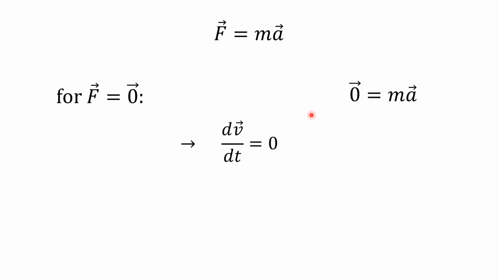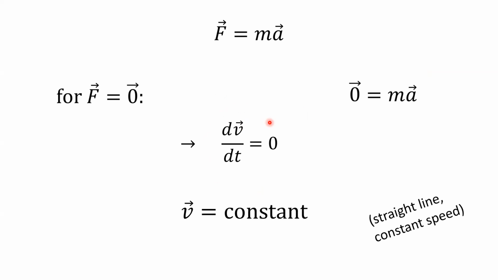Can you put that into simpler terms? What does it mean to have a time derivative of zero? Well, if you think about it conceptually, doesn't that just mean it's not changing in time? In other words, it's a constant in time. Or you could use calculus, integrate both sides with respect to time, pick up a constant of integration. However way you slice it, this says that the velocity is constant.